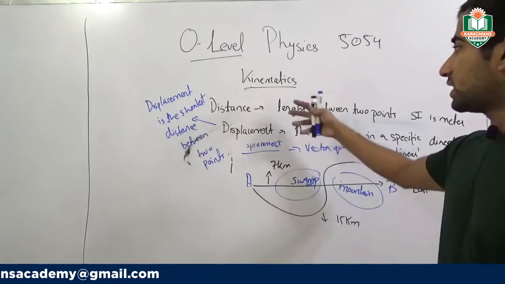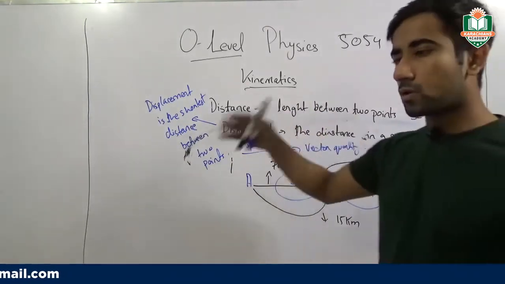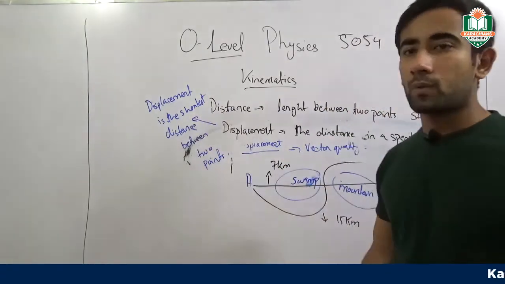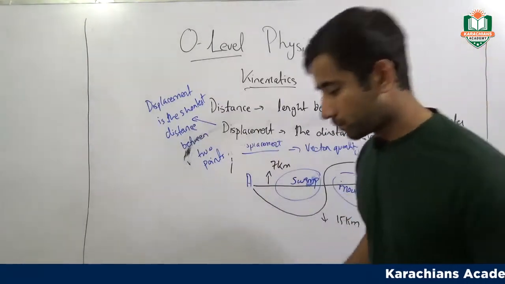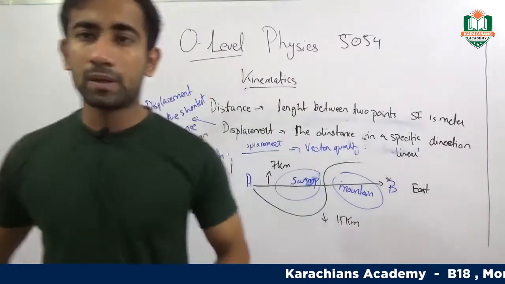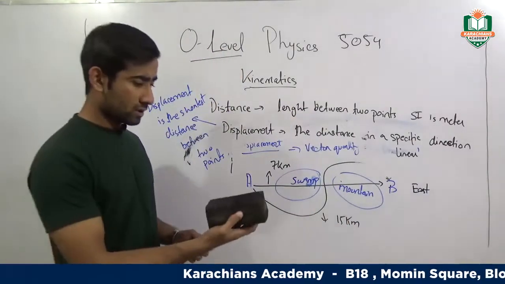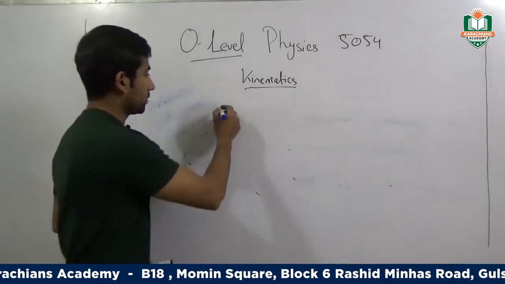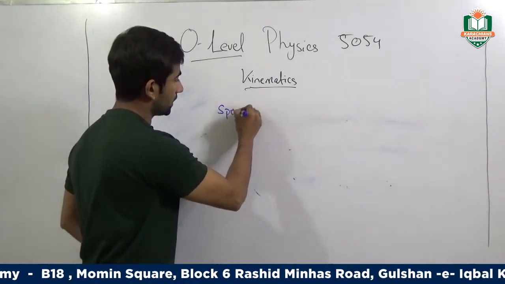So this is the key difference between distance and displacement, and the further derived quantities, such as speed, velocity and acceleration, will depend upon either distance or displacement. The first quantity we will discuss after distance and displacement is speed. So what is speed?